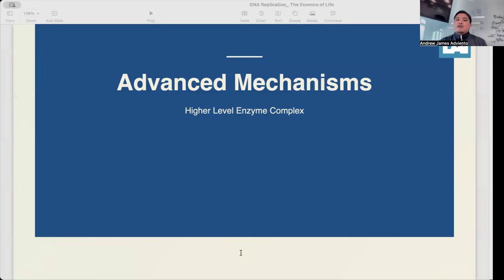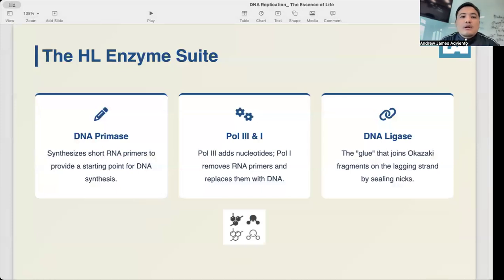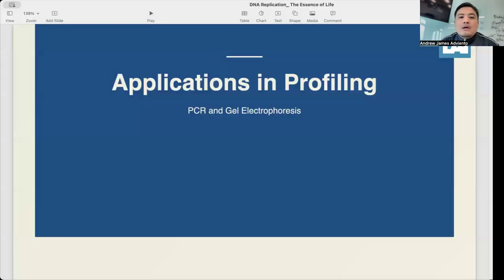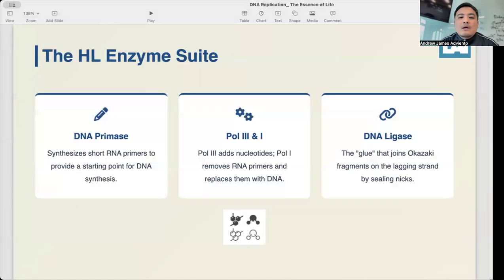So to manage the complexity of the lagging strand, we need a specialized team.